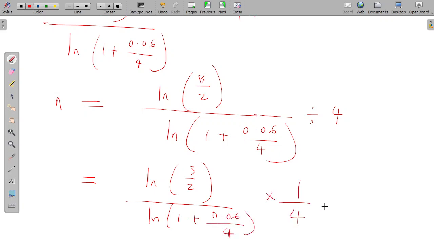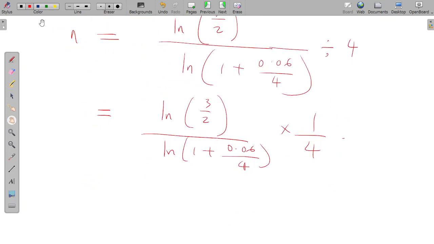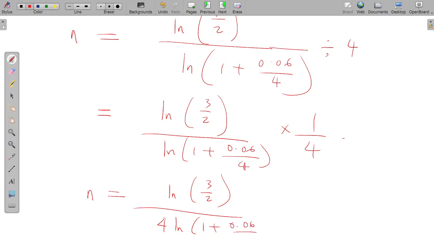Dividing by 4 is just simply multiplying the denominator by 4. So that means N becomes ln 3/2 over 4 multiplied by that ln. Okay, that's our N, and by the time you press your calculator, we should be having something like this.